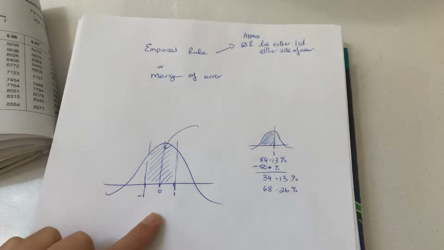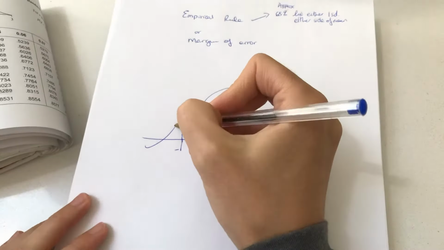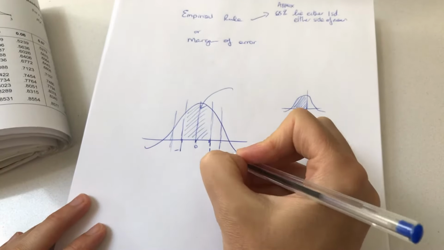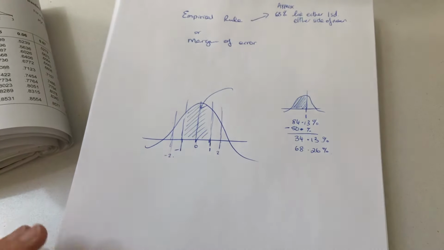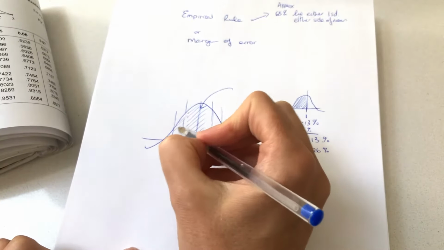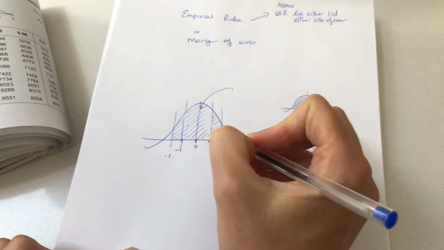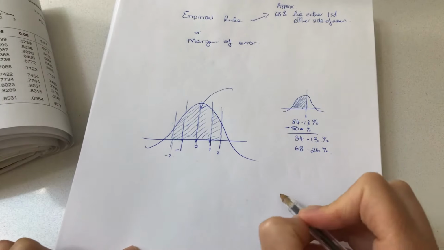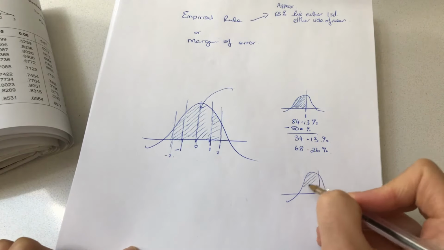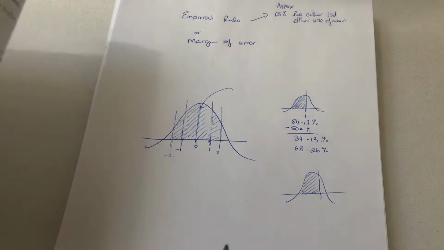Okay. If you were to do 2 standard deviations, so let's say we want to find out all the people that are within the 2 standard deviations now. So I'm not going to go up just as far as 1 this time. I'm going to go up as far as 2. I'm going to get this, because that's how your log tables reads.